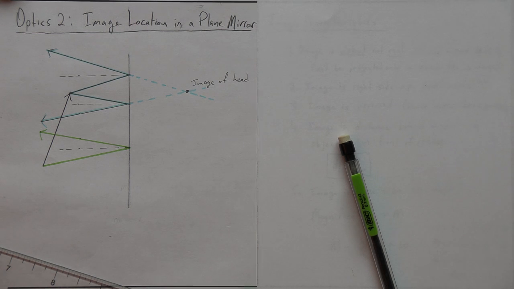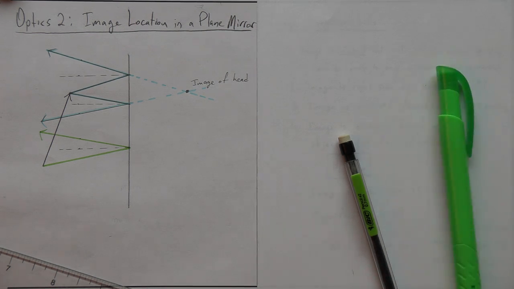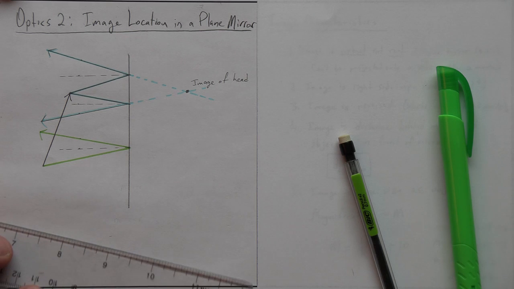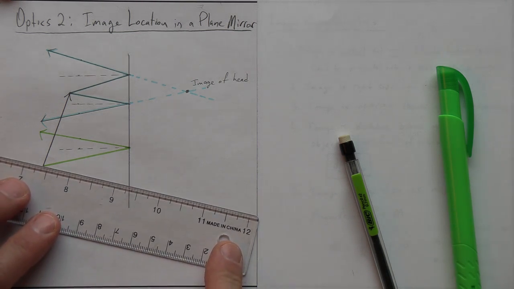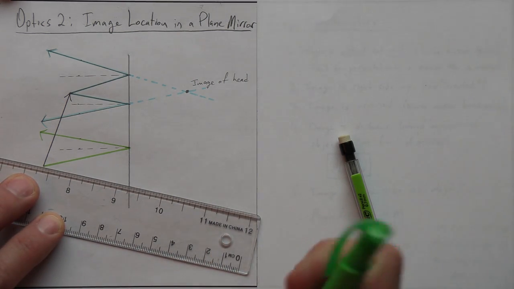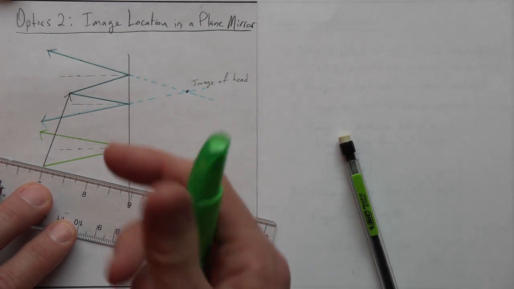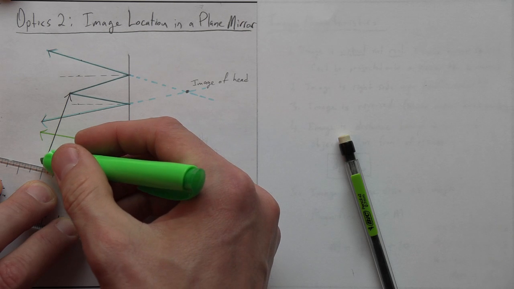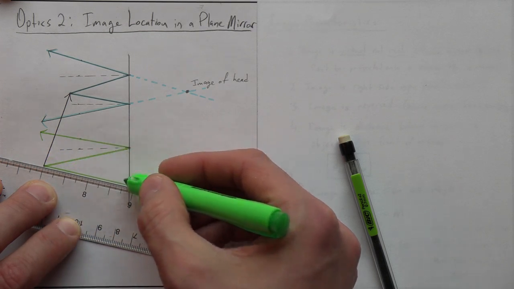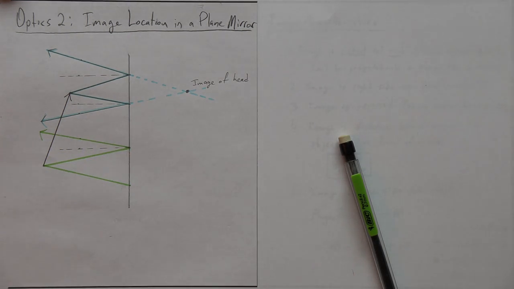Okay, so next we need a second ray to come off the back of the arrow. So I will have a ray come this way. What angle? Well, it doesn't matter as long as it hits the mirror at some angle this way. So there we go. A little bit off, but there it hit the mirror. Now I have to reflect that off the mirror.